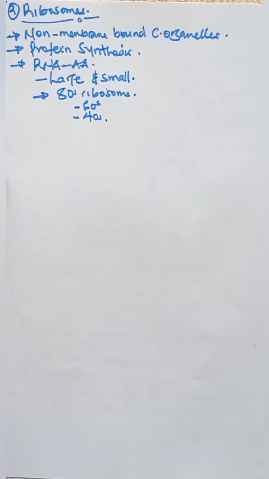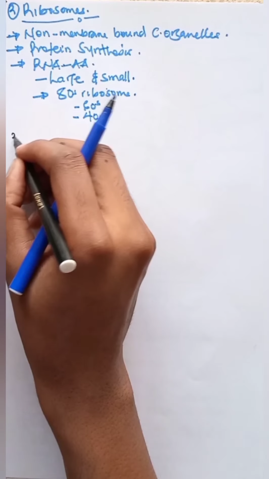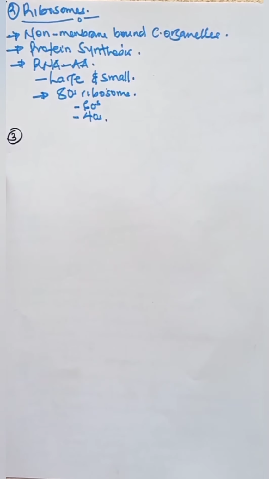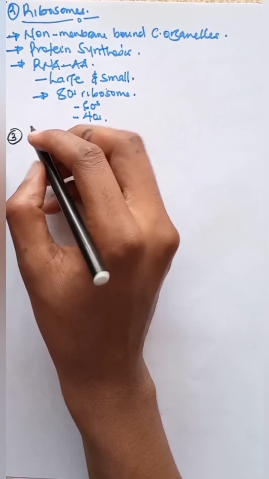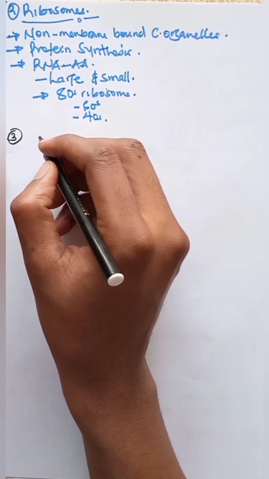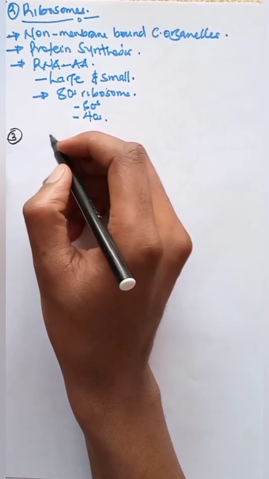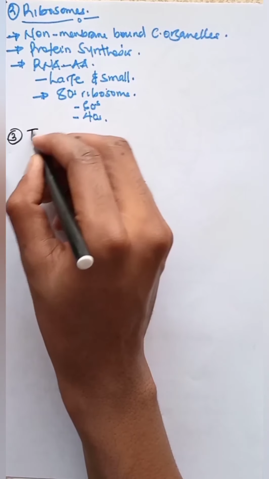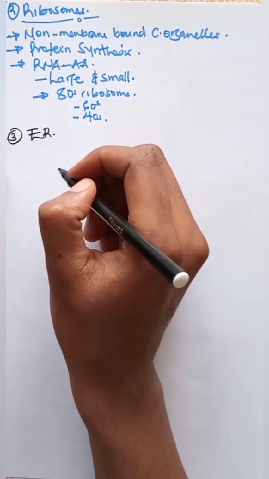The third organelle found in the cytoplasm is the endoplasmic reticulum.